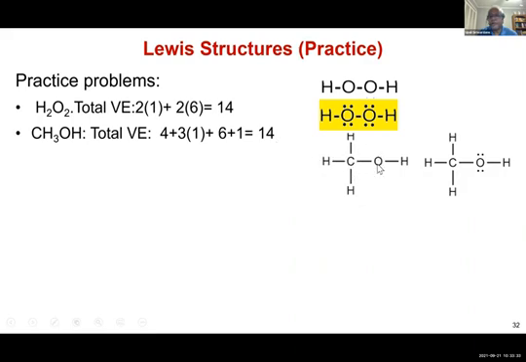We already used up 5, so we have 2 more. The remaining electron pairs go to satisfy the octet for oxygen. Oxygen doesn't have an octet yet. The rest of the atoms are fine: hydrogen has duets, carbon has octet. So therefore, this is the Lewis structure of methanol.